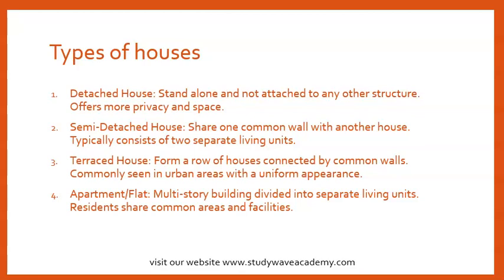Another type of house we have terraced house. Form in a row of houses connected by common walls, commonly seen in urban areas with a uniform appearance. Okay? Row of houses connected in line. Is a form of row of houses connected by common walls.